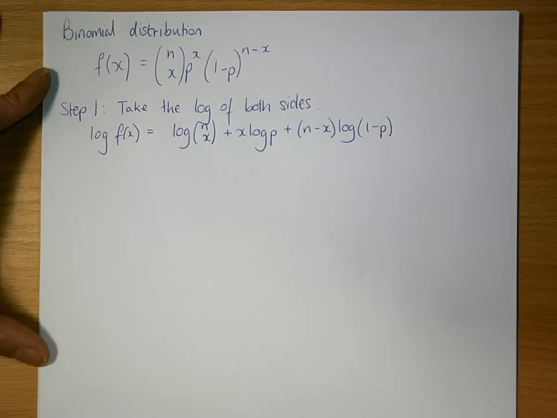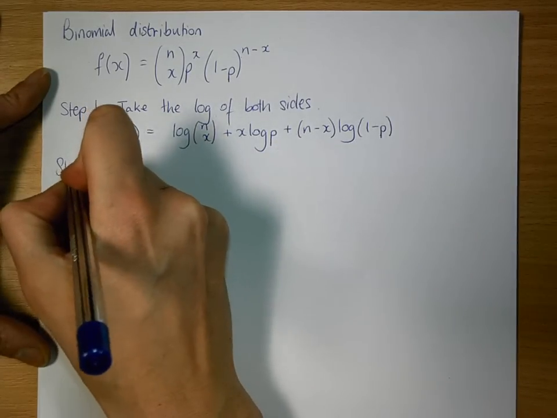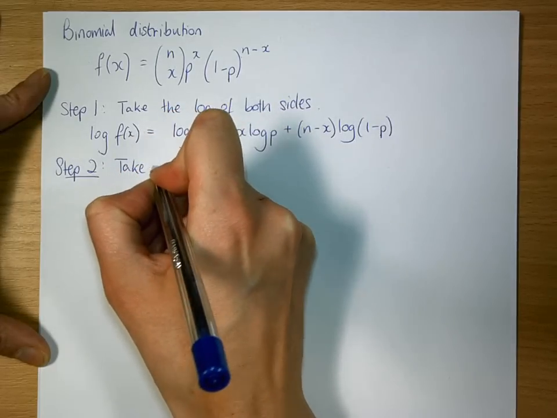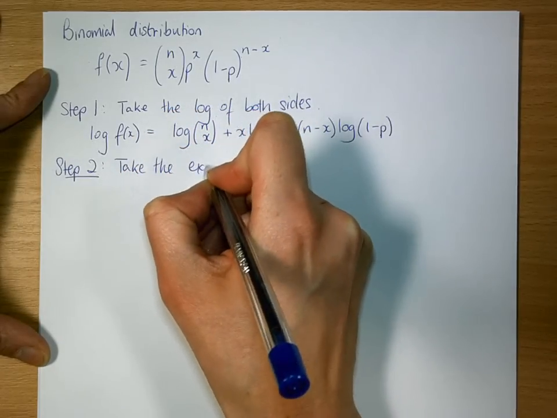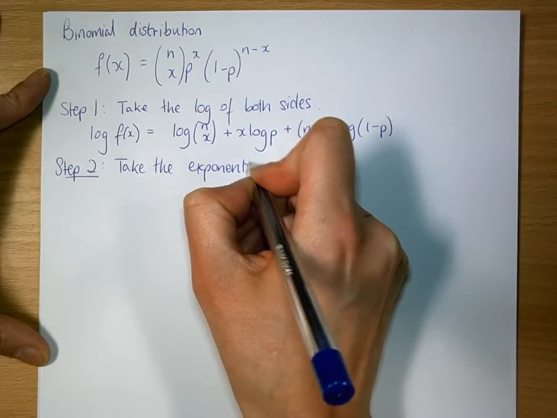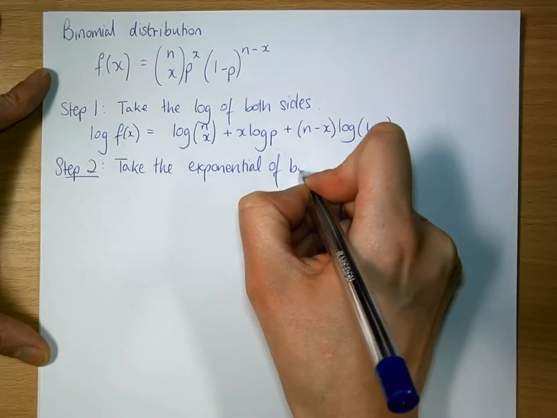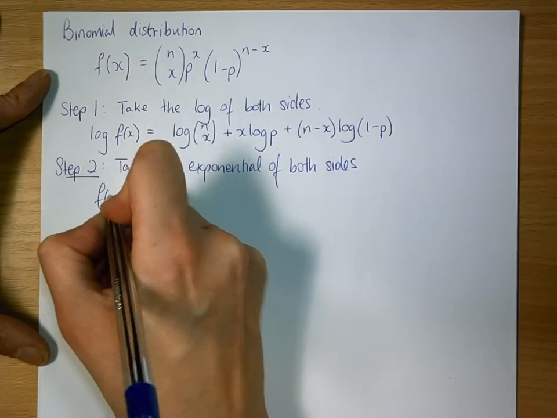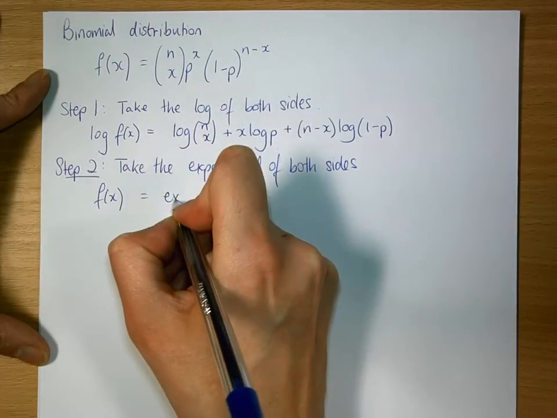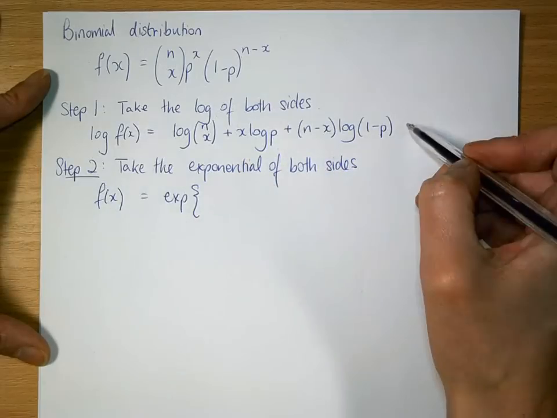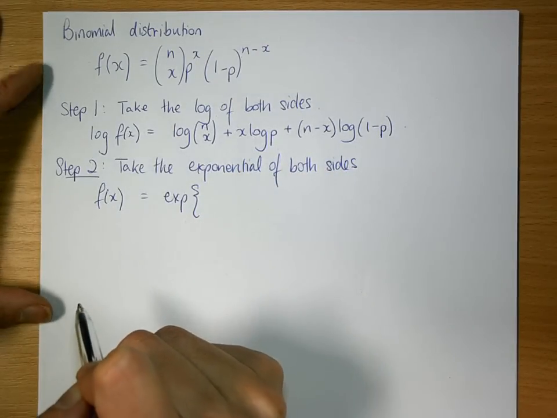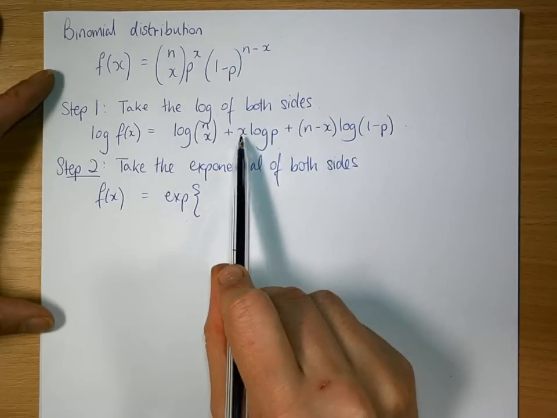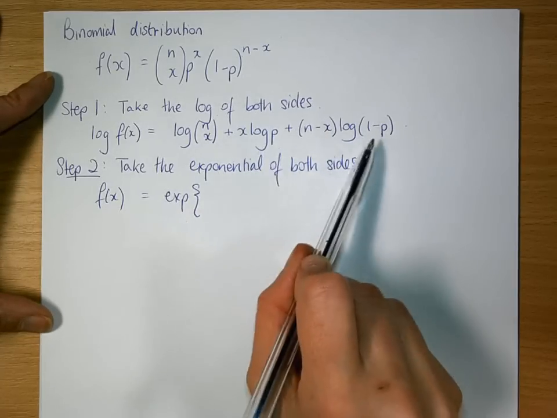Then we take the exponential of both sides, so that's step 2. So that's f of x now equals the exponential of all that was up here. You can start thinking about reordering things slightly and grouping together your terms that contain your data and your parameter.